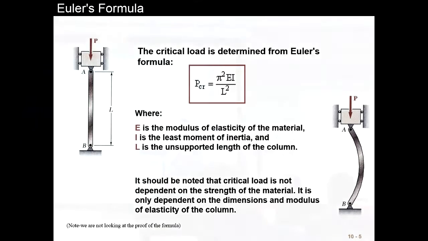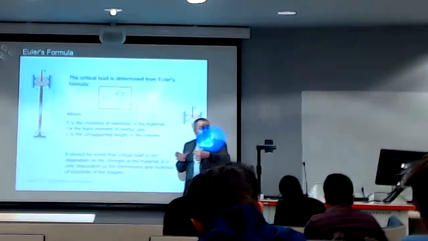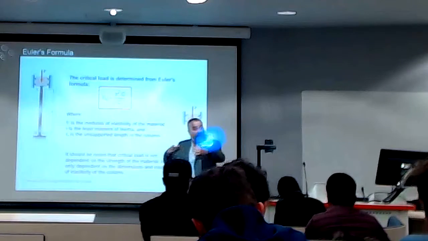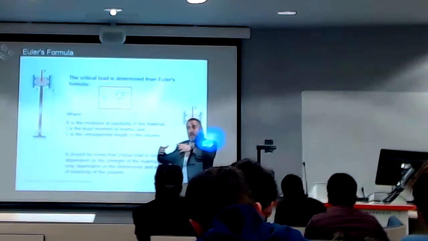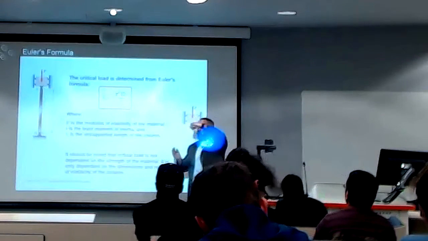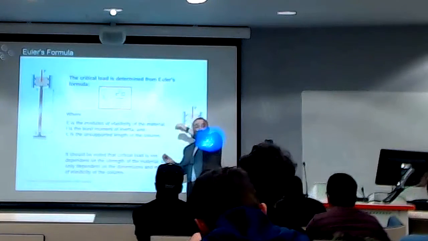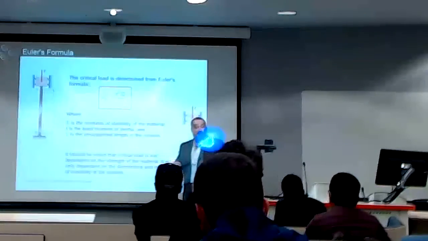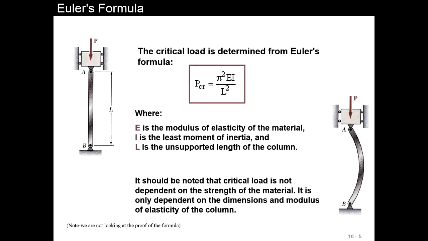And when it's talking about the least moment of inertia, if you've got a column, if it's square, it could buckle either way. If it's thinner one side, like the breadth or the depth, then if you think of your ruler, it will always flex about the thin side. That's your least value of your moment of inertia.